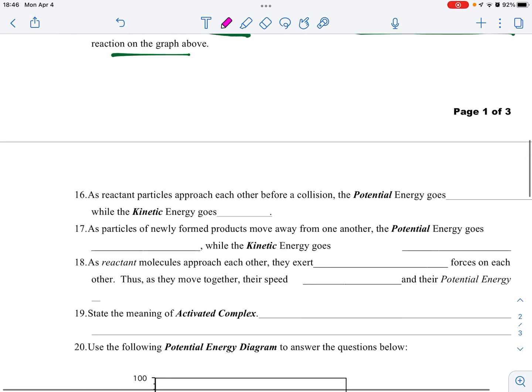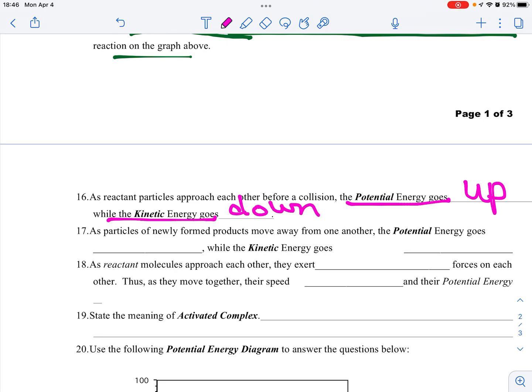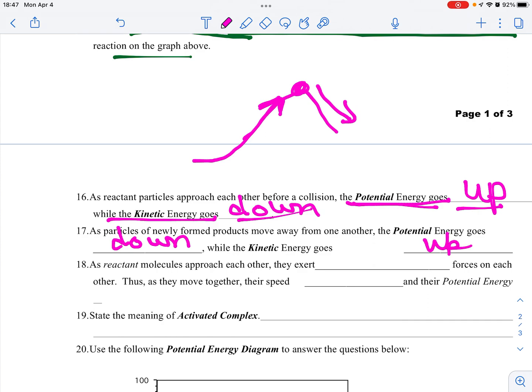Okay, so looking at this. As reactant particles approach each other before a collision, the potential energy goes blank and the kinetic energy goes what? So the potential energy goes up and the kinetic energy goes down. Because we're looking at this part of the graph, here's my activated complex. As the particles approach each other, right here, your potential energy is increasing, and as potential energy goes up, my kinetic energy goes down. As newly formed particles move away from each other, move this way, the potential energy goes down while the kinetic energy goes up.